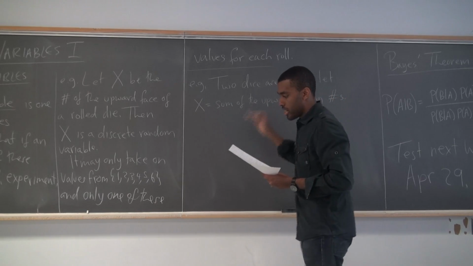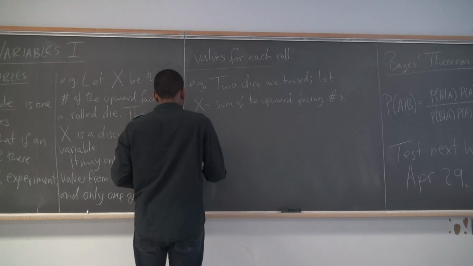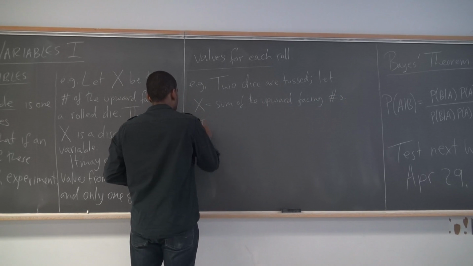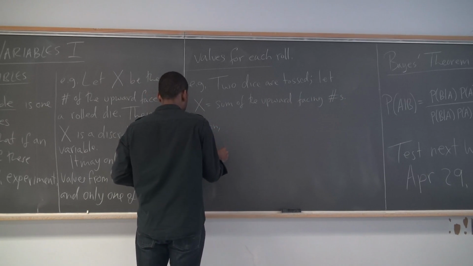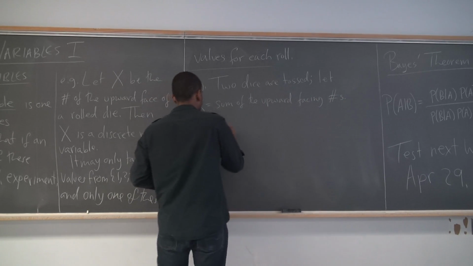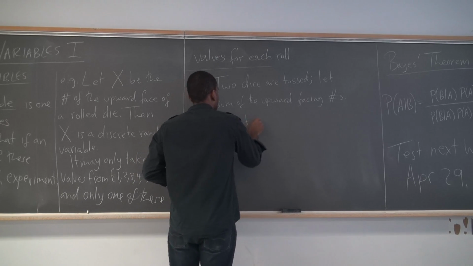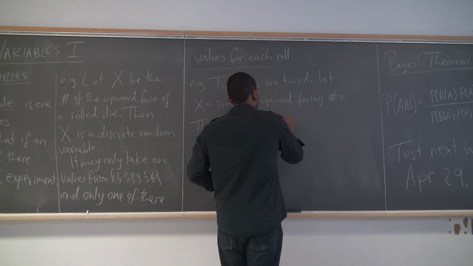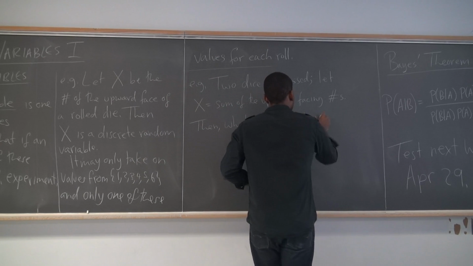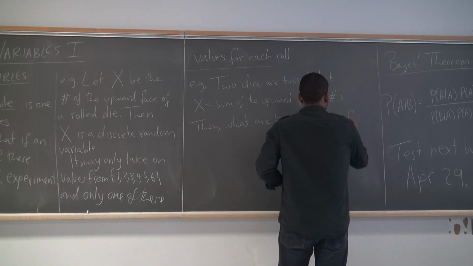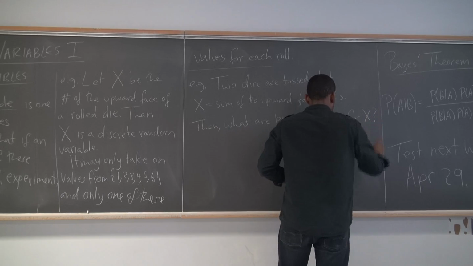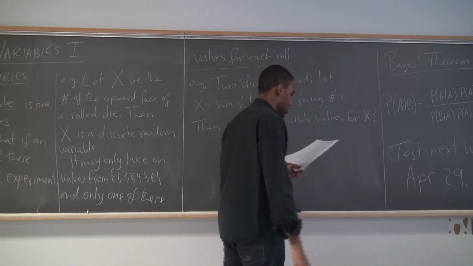We're assuming it's a fair die, so all possibilities are equally likely. What are the possible values for x?